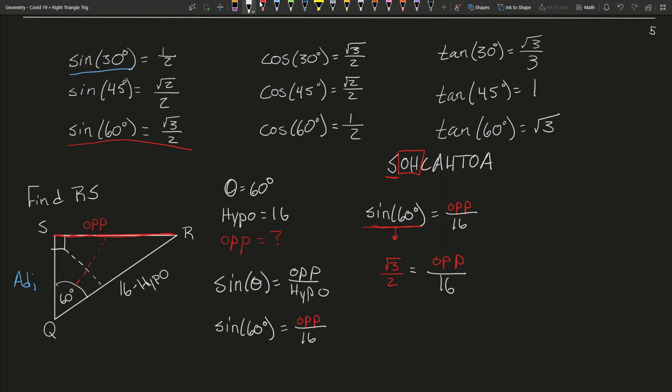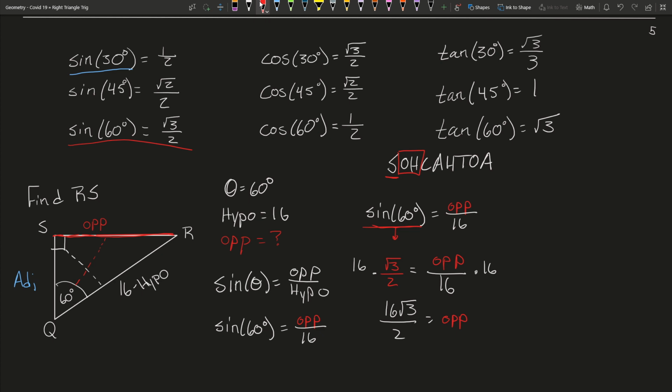And then we solve for the opposite side, okay? So we need to multiply both sides by 16. So we get 16 rad 3 divided by 2, and that is equal to the opposite side.